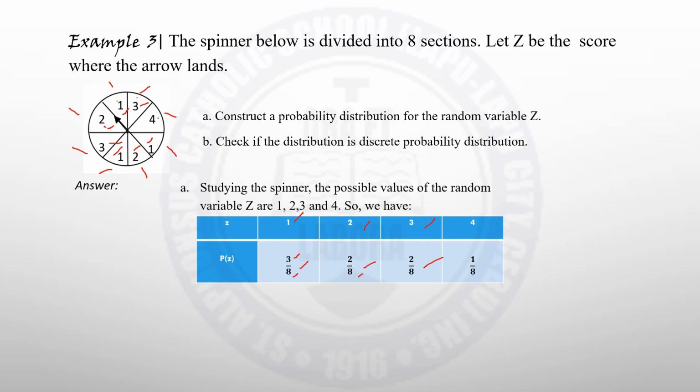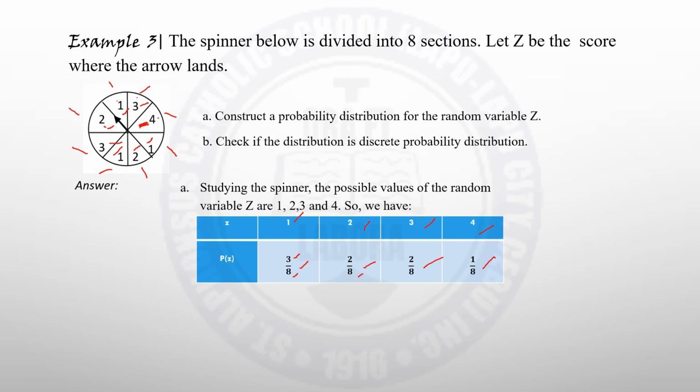And lastly, the probability of a number 4 is 1 over 8. 1 is in the numerator because there is only one possible outcome for 4. And 8 is the denominator because this is the totality of all possible outcomes in the spinner.